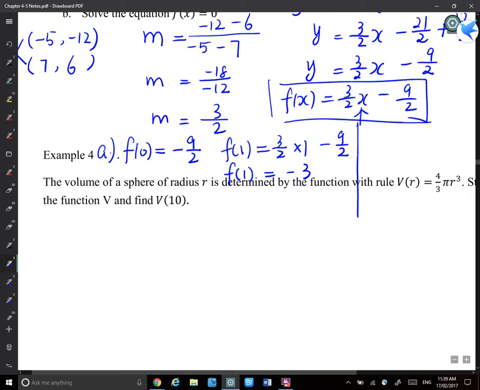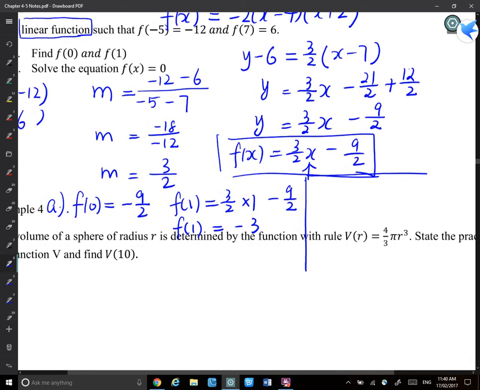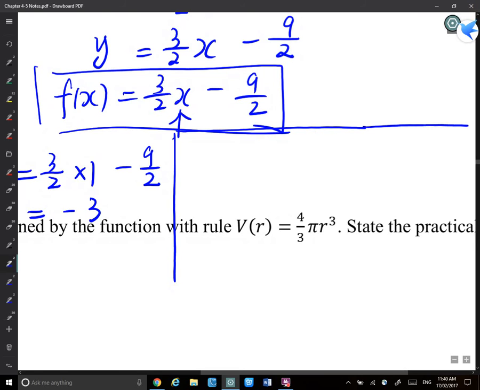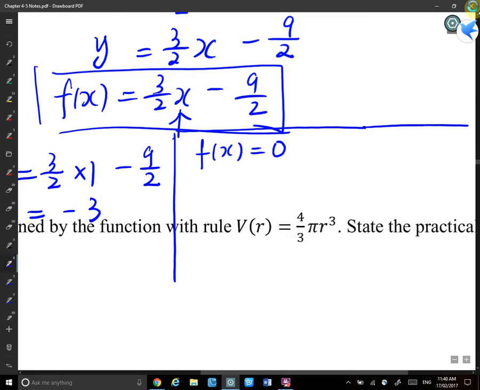What is part B? Part B is solve the equation f(x) equals 0. Now I want f(x) equals 0. So it's the same as y equals 0, because f(x) equals this, and you want that equal to 0.